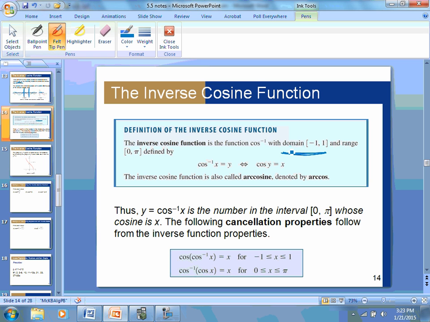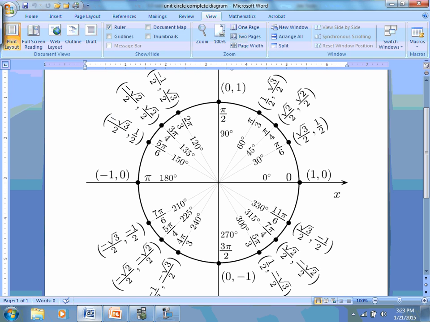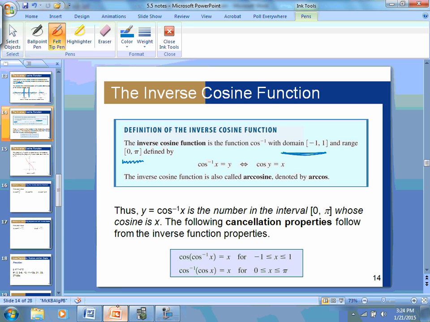But now when we're looking at our unit circle, we have to look for those range values that are between 0 and pi. So now on our unit circle for cosine, we want to go from 0 to pi. So we're looking at the first and second quadrants in our unit circle. For sine, we were staying in the first and fourth quadrants. But now for cosine, we're looking at the first and the second. So it's a little bit of a shift now. Basically, that's the only difference between these two processes.